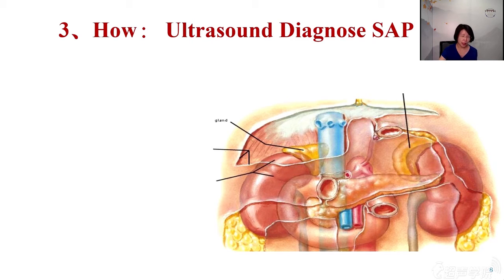Now, let's move to the third part. How to diagnose severe acute pancreatitis by ultrasound. Similar to contrast-enhanced CT, there are 2 key points for ultrasound to diagnose SAP.